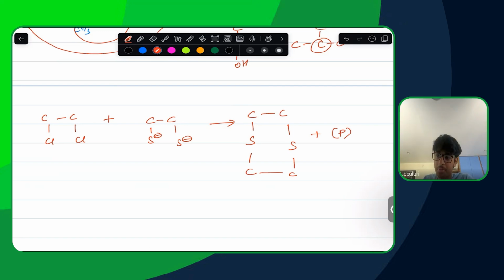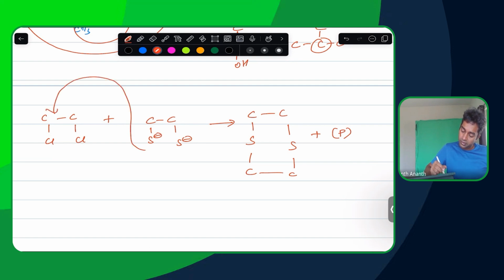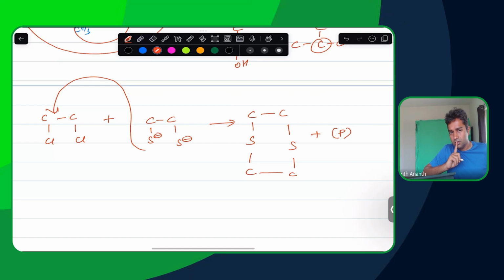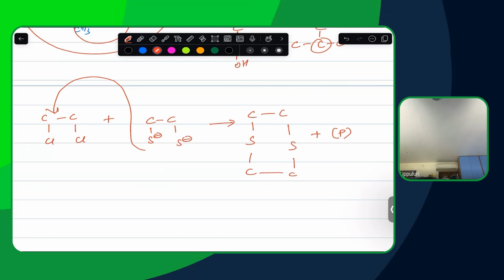Another possibility would be this attacks here, and this leaves, and it can get a polymerized product. A weird polymerized one, but none of these weird ones that they have given are options.